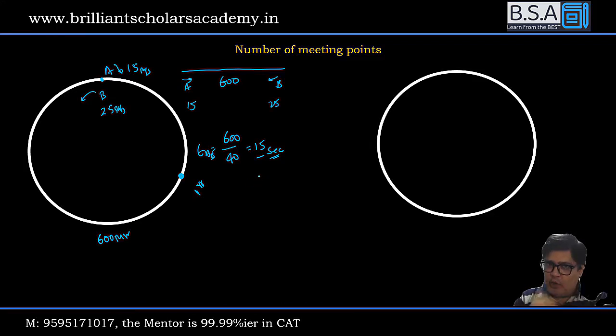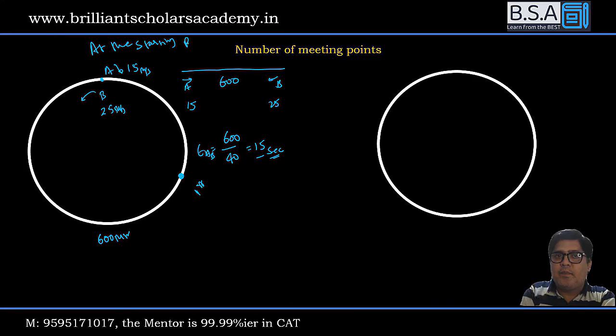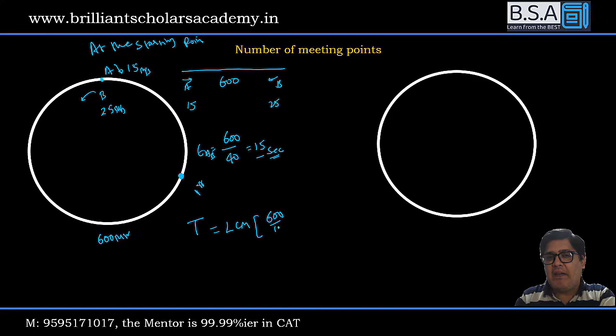Here, I have taught you one more approach. If I want them to meet at the starting point, how do we find the time for that? The time to meet at the starting point is the LCM of the time taken to complete one loop by A and B. How much time will A take to complete a loop? 600 by 15.